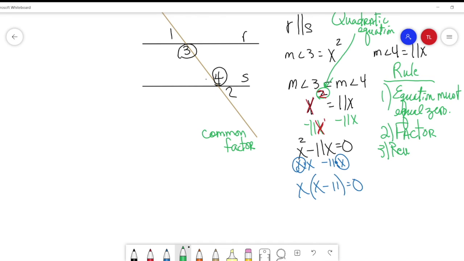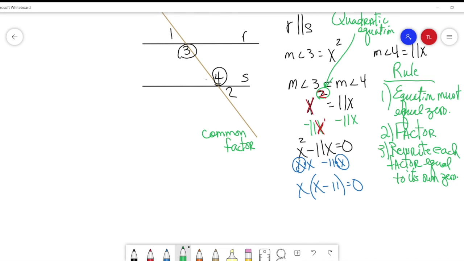Okay, now do you remember what the third rule was? Rewrite each factor equal to its own 0.